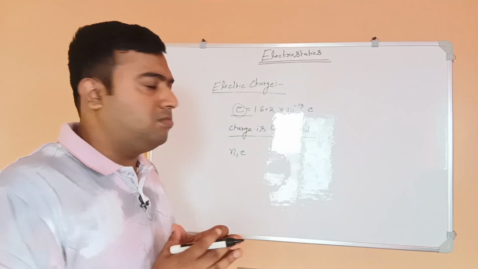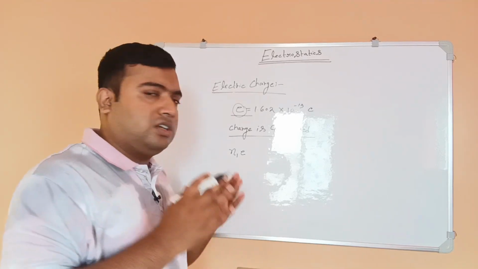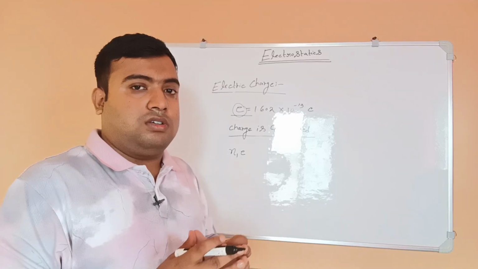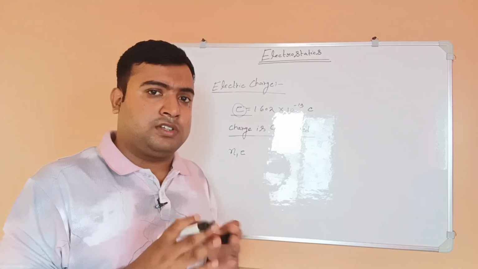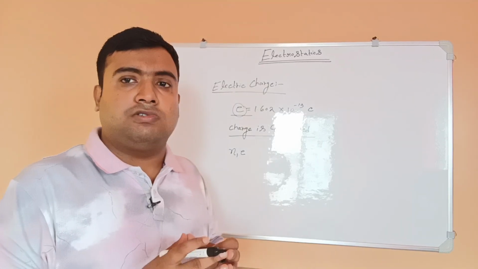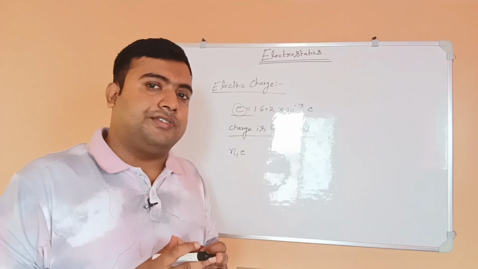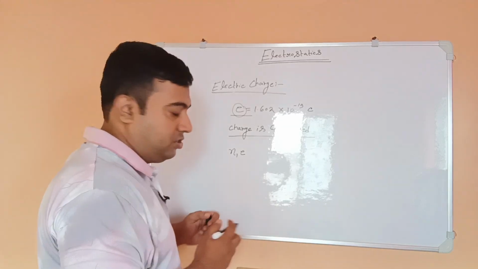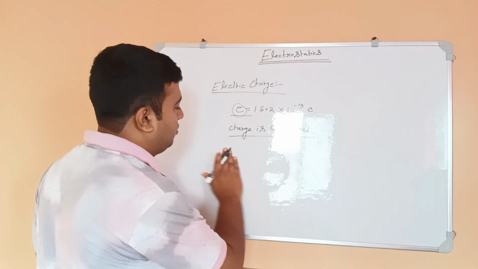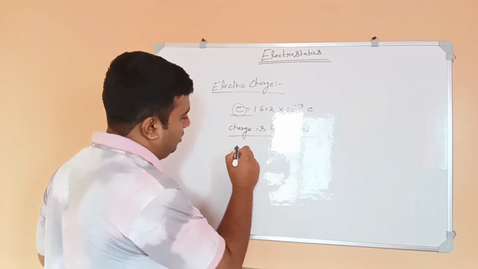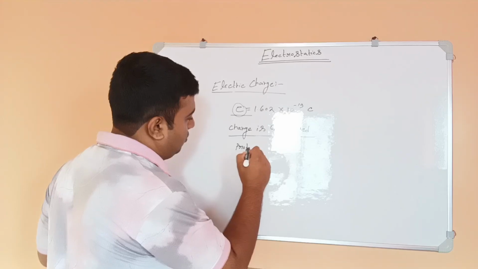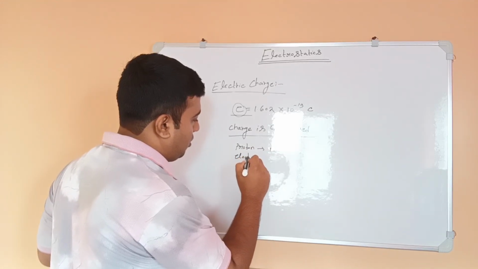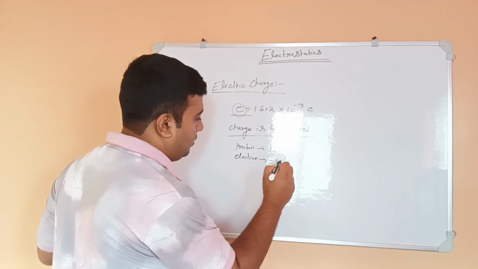If a particle has n1 number of electrons, the total charge will be n1 into e. We see by experiment that the force between two electrons is a repulsive force, and the force between a proton and an electron is an attractive force. So by convention we say that a proton is positively charged and an electron is negatively charged.